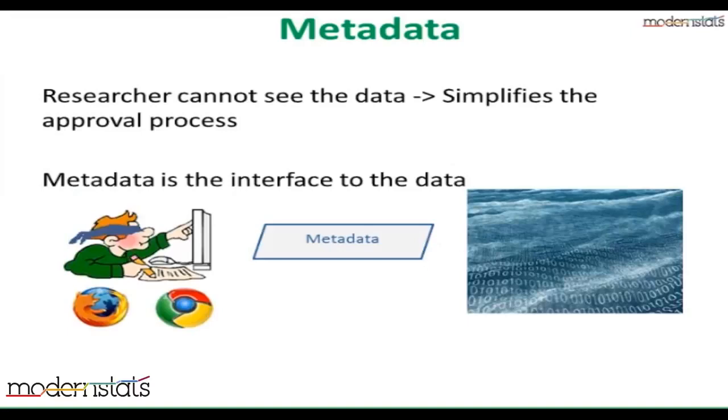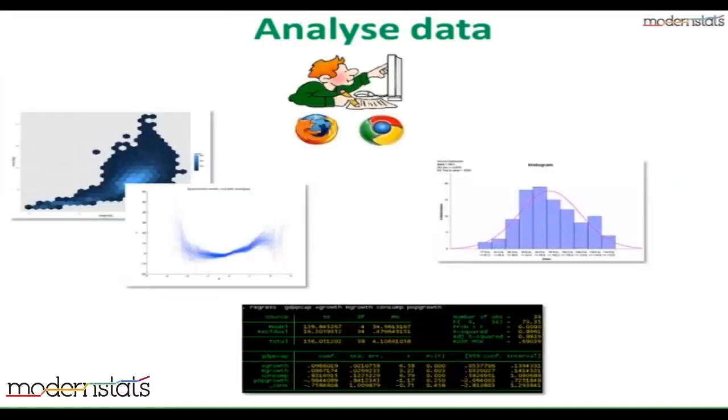Many of the obstacles to the approval process are based on whether they can see the data or not, the microdata. If the researchers can only view the data through the metadata, then they don't need a long and complicated approval process. They can, of course, see results of the analysis of the data after this has been checked through the disclosure control system.